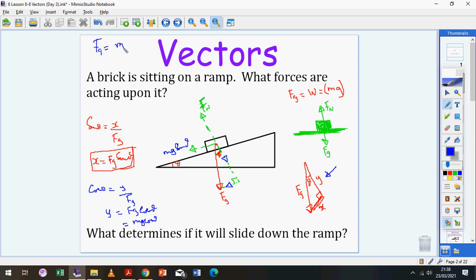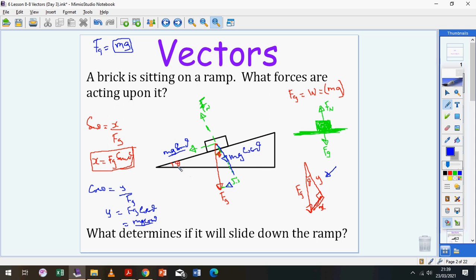I bet that you have heard somewhere that acceleration due to gravity is 9.8 meters per second squared. So if I want to find the weight of an object or the force of gravity acting on that object, I just take its mass and multiply it by acceleration due to gravity. So that's why I have mg cosine theta and mg sine theta. So this vertical component is mg cosine theta, and the horizontal component is mg sine theta.